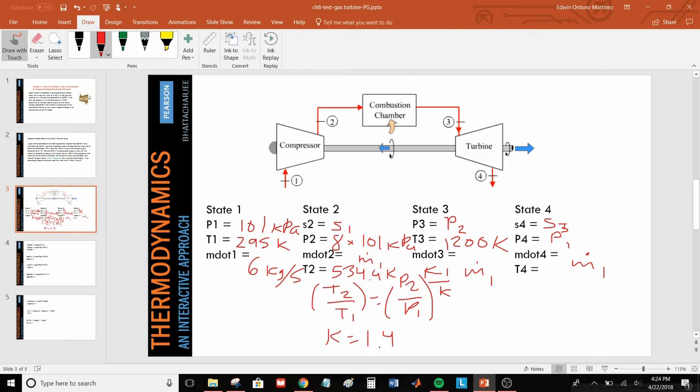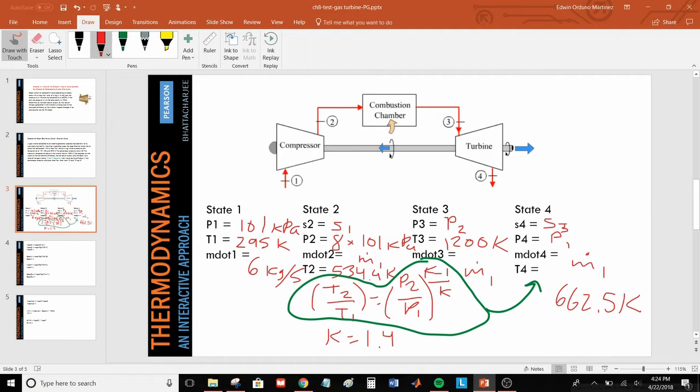And temperature at state 4, we can once again use the isentropic relationship to solve for T4, which gives us 662.5 Kelvin.